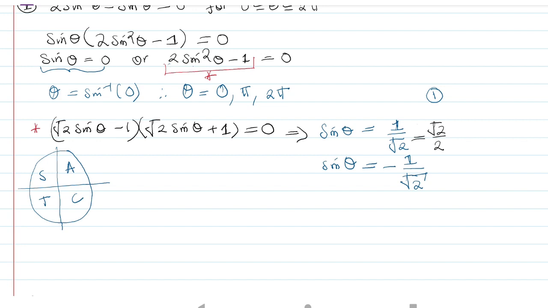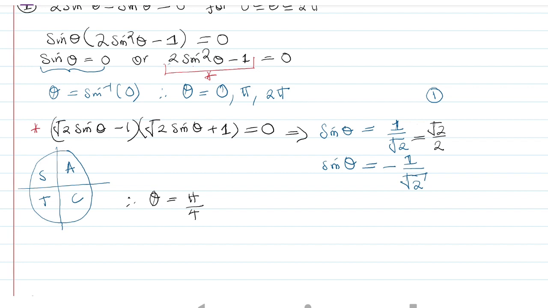And you know that only the angle 45 degrees gives us this number. Using this table of values, you can see that sine pi over 4 is equal to root 2 over 2. So therefore, theta is equal to pi over 4, which is 45 degrees.